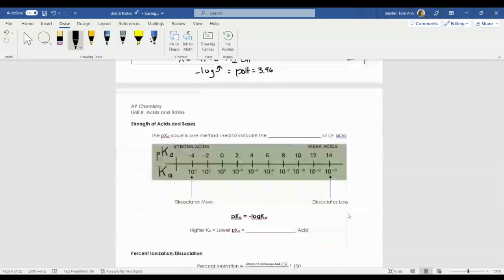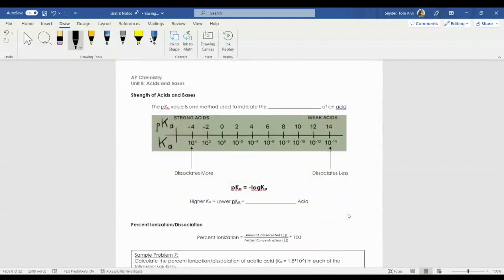Let's talk about the strength of acids and bases. We're almost done. We're going to finish this page and we'll go from there. So what we can do to kind of compare the relative strength of acids and bases is by looking at what's known as their pKa. So like we said before, we compared the Ka of acetic acid versus the Ka of that nicotinic acid.